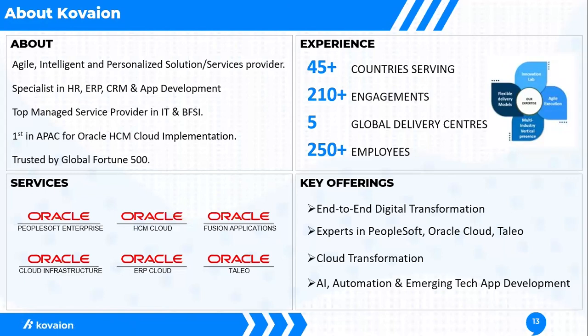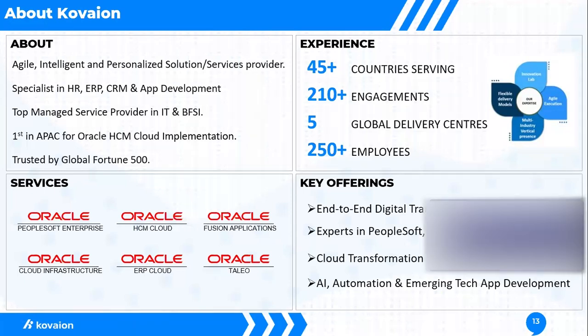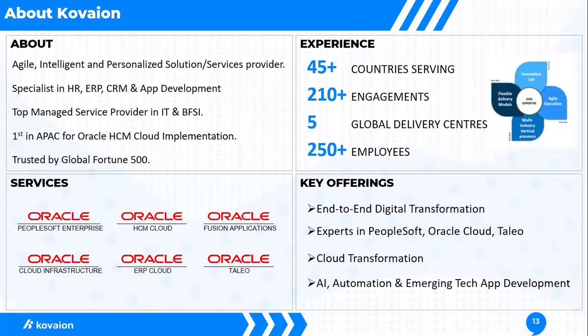We are specialists in HR, ERP, CRM, and also other app development, based on the organization's request. We are the top managed service provider when it comes to IT and BFSI. I'm proud to say that we are first in APAC for Oracle HCM Cloud implementation, and we are trusted by Global Fortune 500.